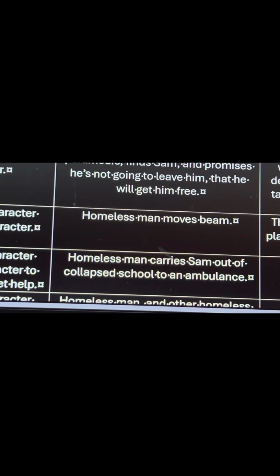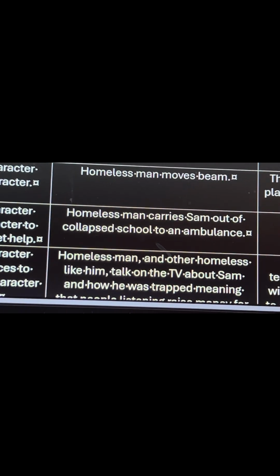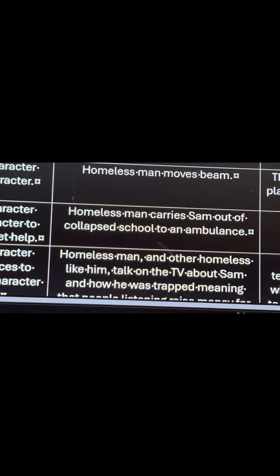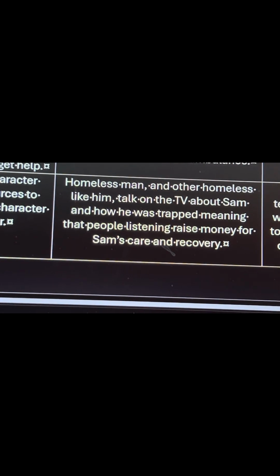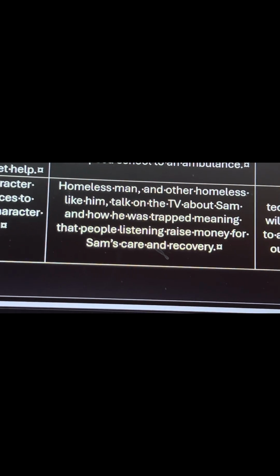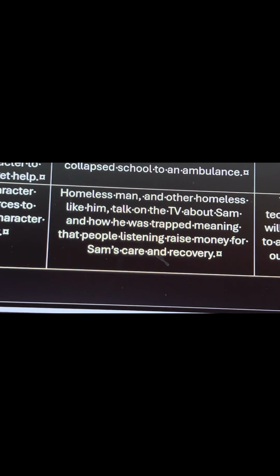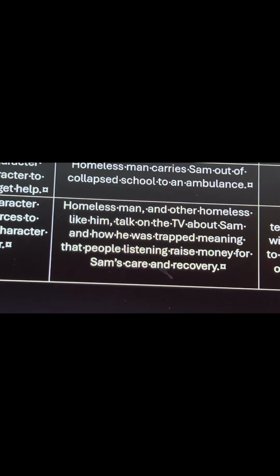Homeless man moves beam. Homeless man carries Sam out of collapsed school to an ambulance. Homeless man and other homeless like him talk on the TV about Sam and how he was trapped, meaning that people listening raise money for Sam's care and recovery.